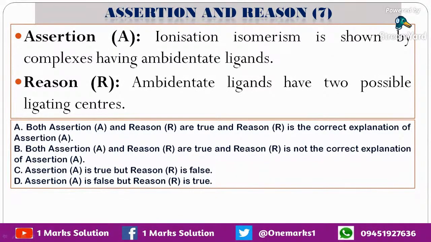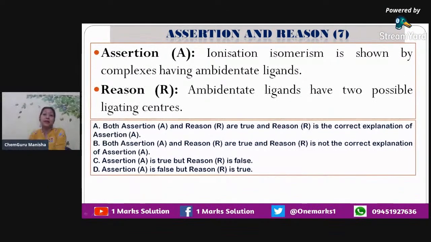The seventh assertion that we have is: ionization isomerism is shown by complexes having ambidentate ligands. This is not correct, because ambidentate ligands are ligands which can join from two sides, like CN, and it can also join as NC. Right, so this is an ambidentate ligand. Now, if I have a metal here, there cannot be ionization isomerism happening.